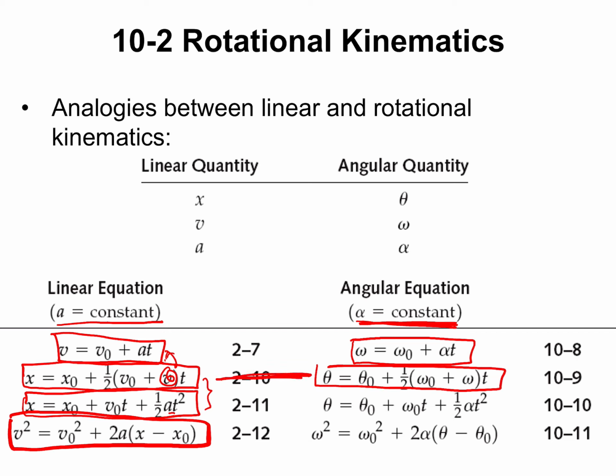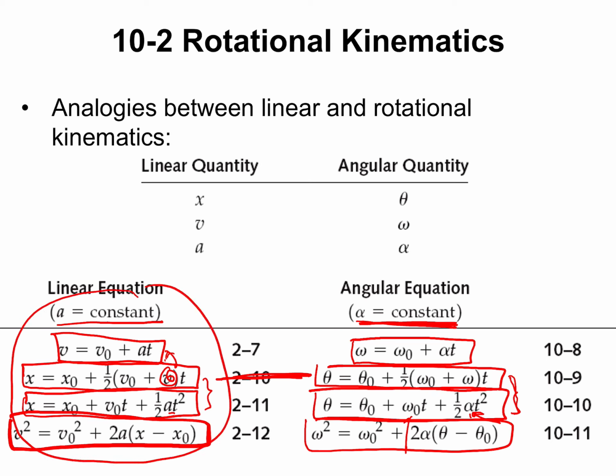You just change all the linear quantities to angular quantities, and the position in terms of initial angular velocity and angular acceleration is in this term, and combining those two equations, we can figure out this equation. Just memorize: if you know how to derive translational motion, then you can use the same method to derive angular motion.